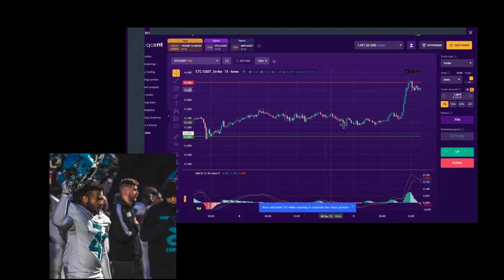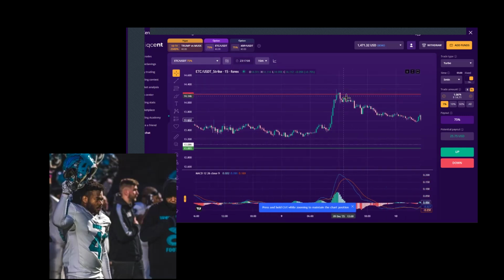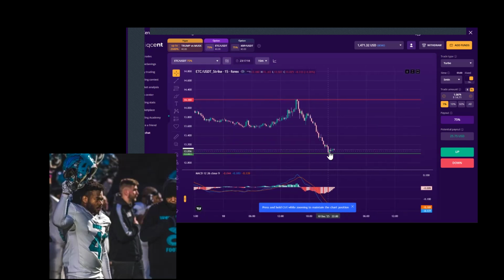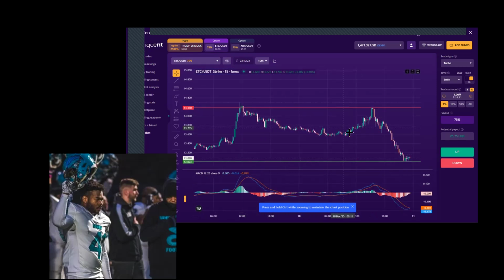Market's moving sideways. So you gotta know it's gonna consolidate before it makes its next move, which we should be expecting to be up somewhat.